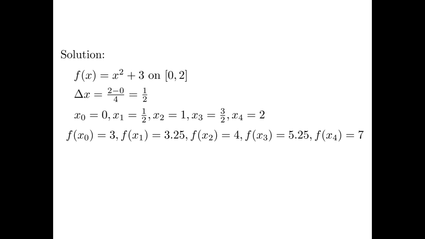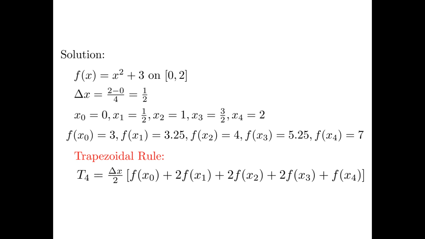Okay, let's see what we get with trapezoids. If I use the trapezoidal rule, again, the formula looks nasty, but it's not too bad. Once we've plugged in 0, 1/2, 1, and so forth, all our breakpoints into the function, and we have those values written down, we just have to write out this whole big long sum. So f of 0, that's f at our first breakpoint, that's a 3.